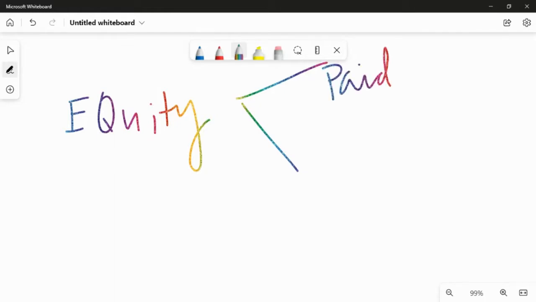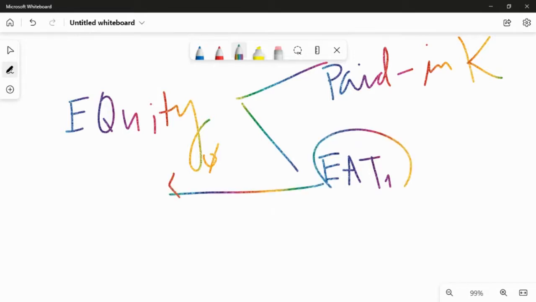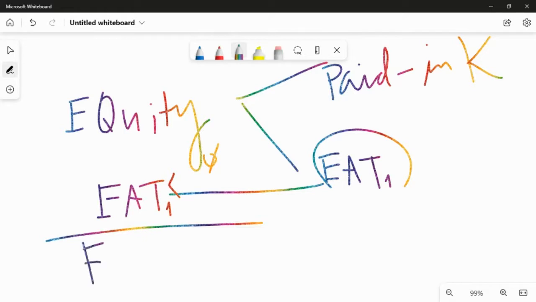That's called paid-in capital. The second source of equity is EAT. You remember that EAT at time one will be added to equity at time zero, and that's equity at time one. EAT is internally generated equity, generated by operating activity.